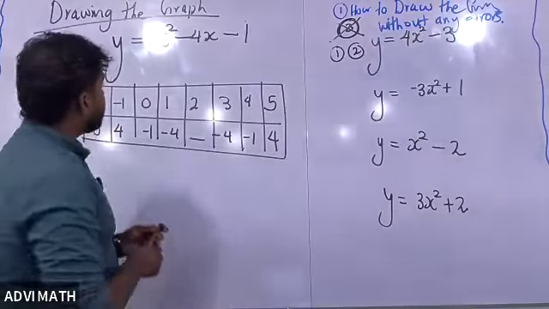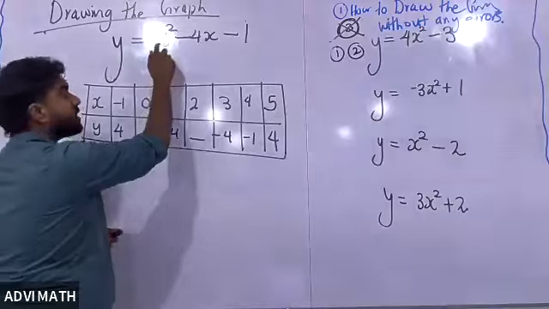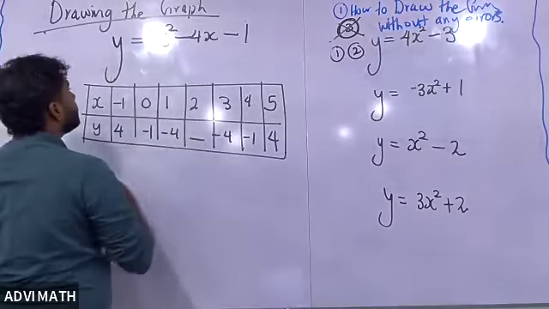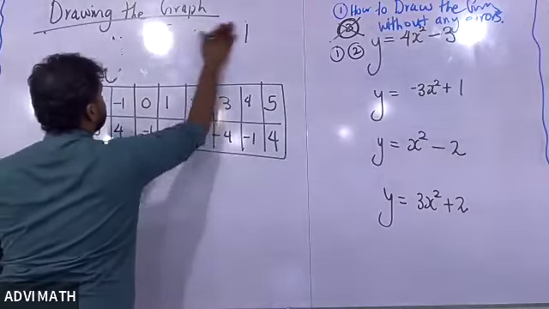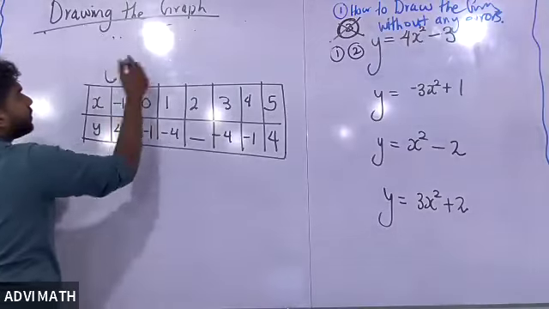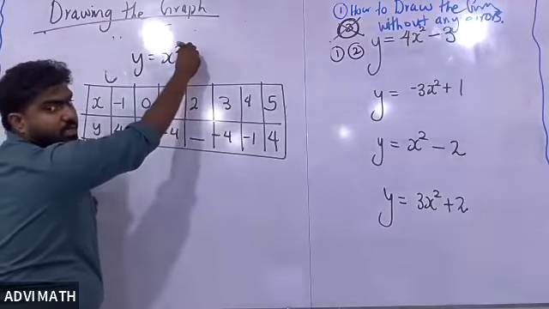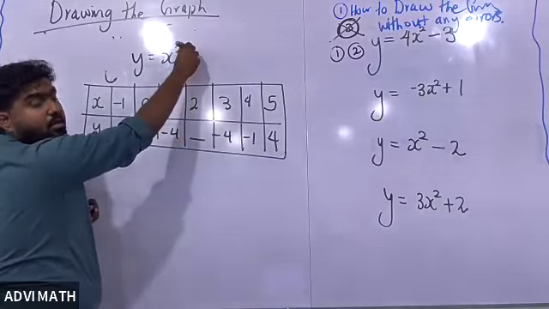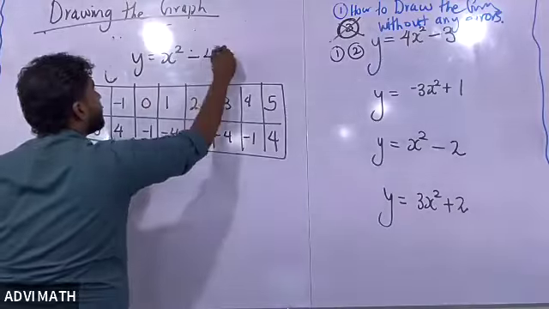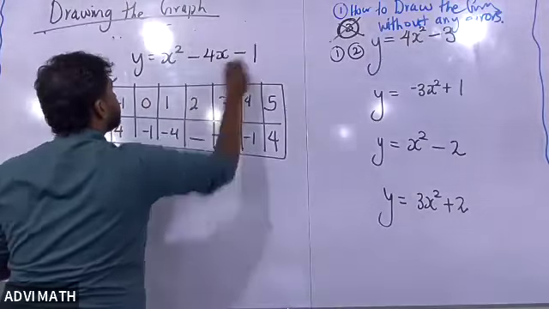And guys, I think this is x squared, right? Y equals x squared. What did I give? x squared minus 4x minus 1.